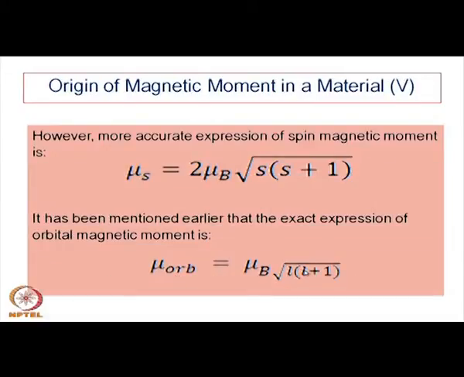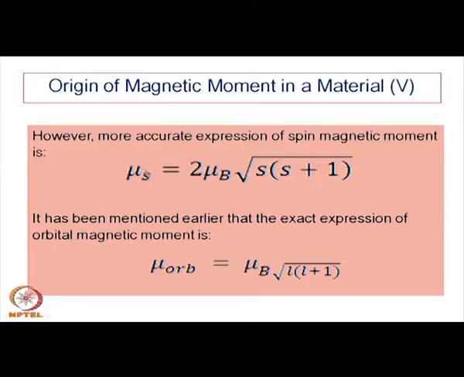Once again, just like the mu orbital or mu L we used earlier, it is not exactly an integer multiplied by L; it is root over L into (L plus 1), the multiplying number.